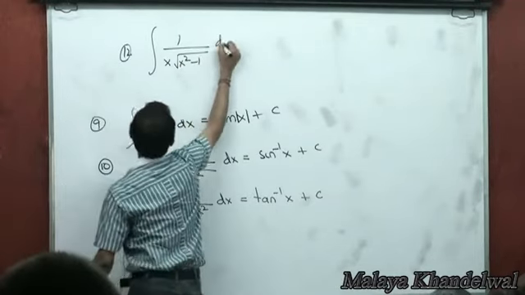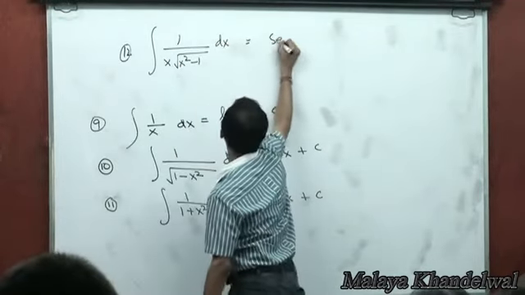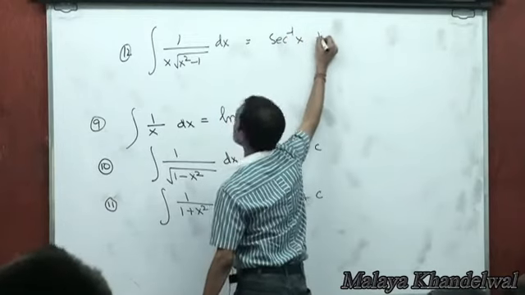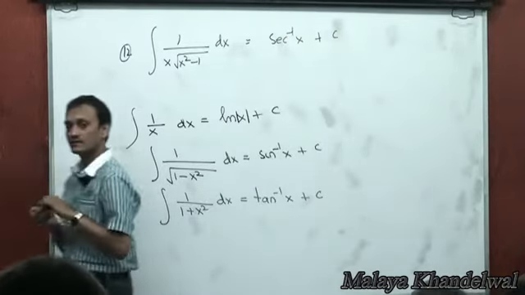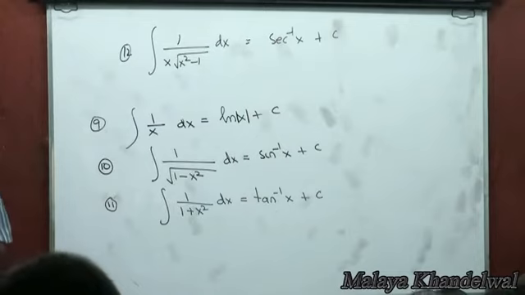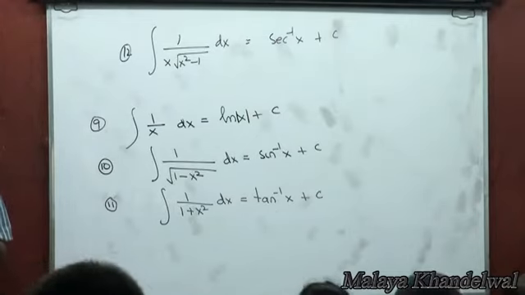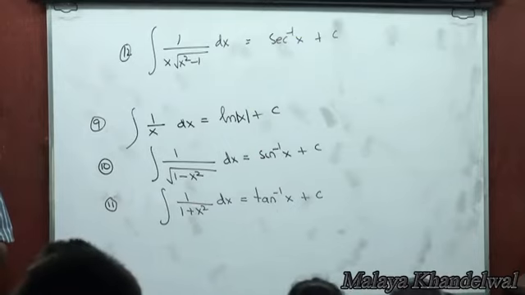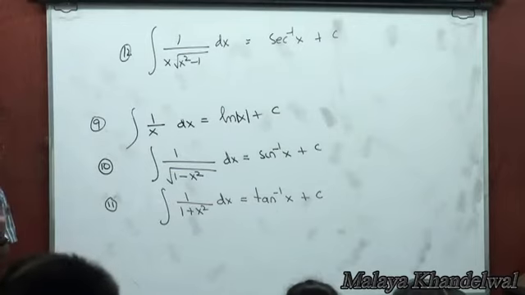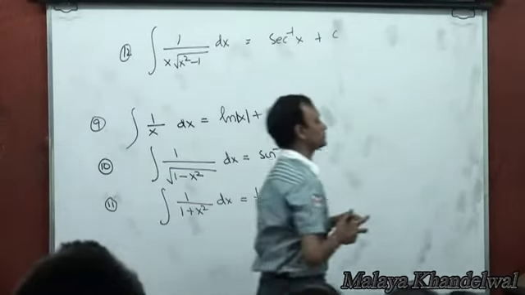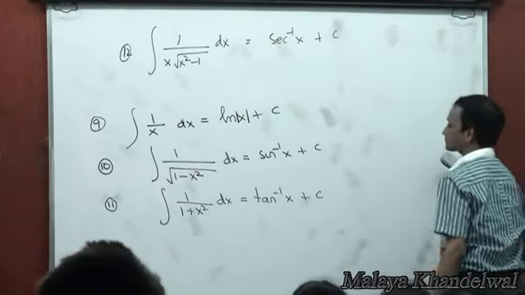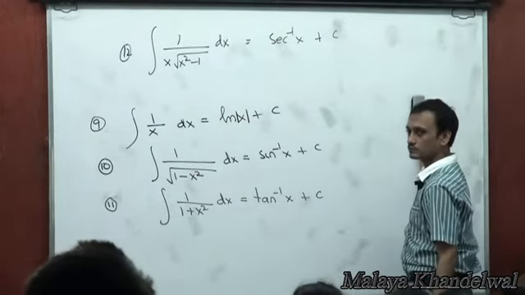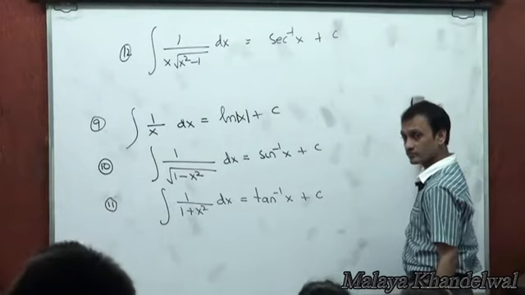Integral of 1 by x root x squared minus 1 dx is going to give me sec inverse x plus c. So far so good. Can I wipe this off?